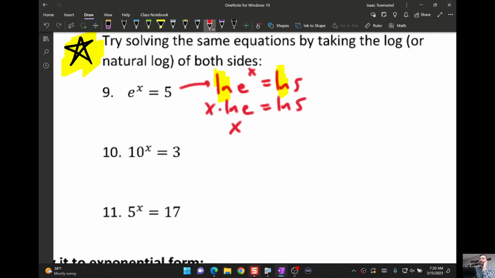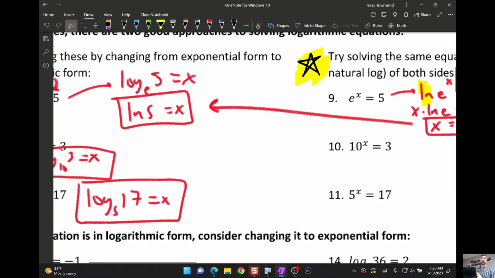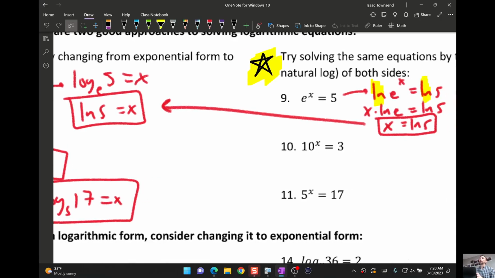You need to know that the natural log of e is 1, because it's saying e to what power gives you e. And notice, same answer, different approach. Honestly, when it's up to me, if it doesn't matter, I just switch the forms. I think what we're doing on the left is quicker and easier. But again, there will be some questions where this is your only strategy to move forward.